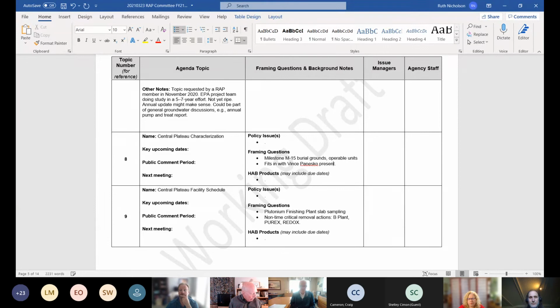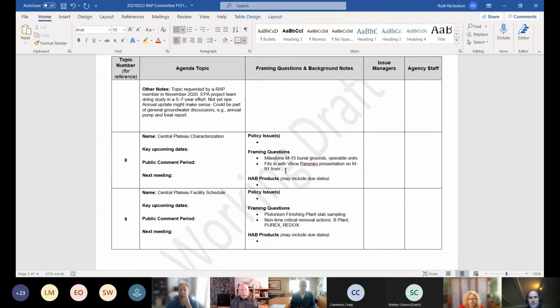So maybe that Central Plateau characterization could be moved up a bit or emphasized, because right now, as I look at that 10-year plan that DOE put out, they're not going to get around to characterizing any of those burial grounds under M15 until maybe the 1930s somewhere. And those are major efforts.